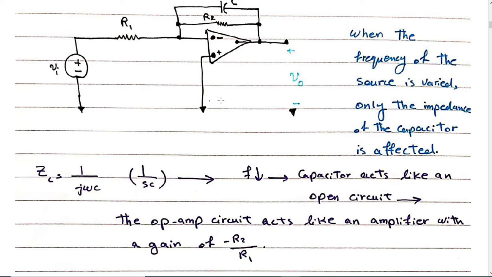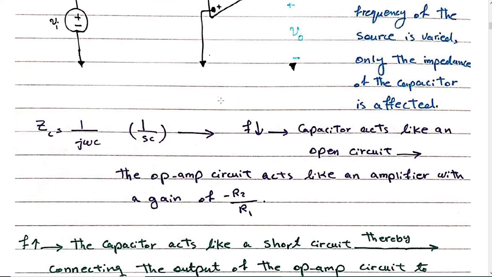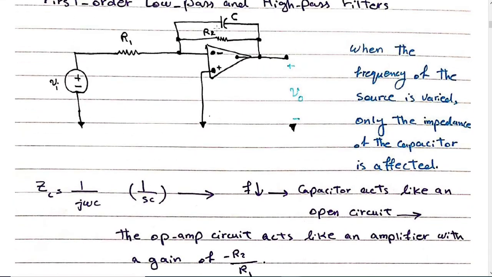How about high frequencies? At high frequencies, the impedance of the capacitor is low, or at very high frequencies we say 0. So when it is 0, the capacitor acts as a short circuit.